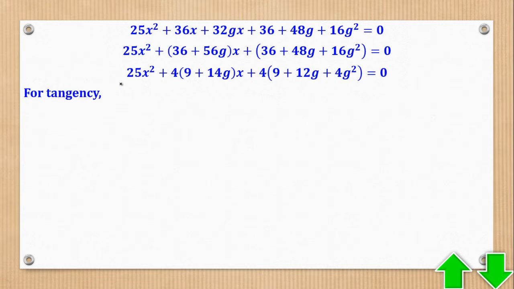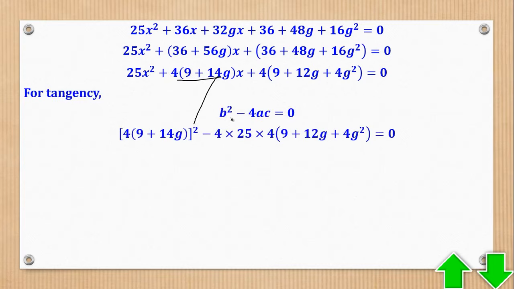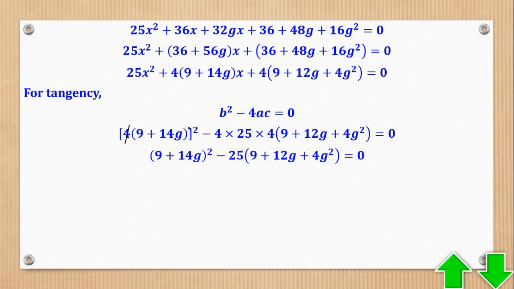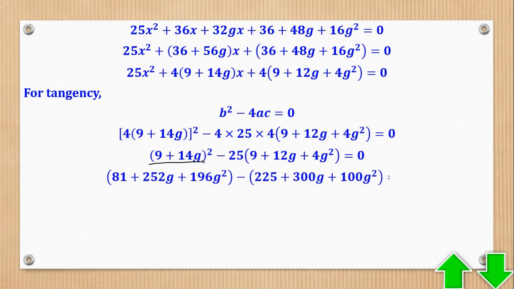Therefore, for a tangent, the discriminant is equal to 0. So B is this, A is this, and C is the whole of that. Therefore, this 4 can cancel on both sides to remain with that. Then expand this to come up with that. Open brackets for this to come up with that.